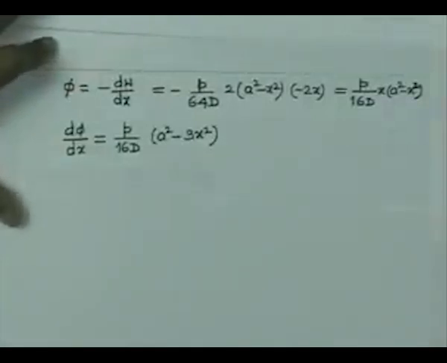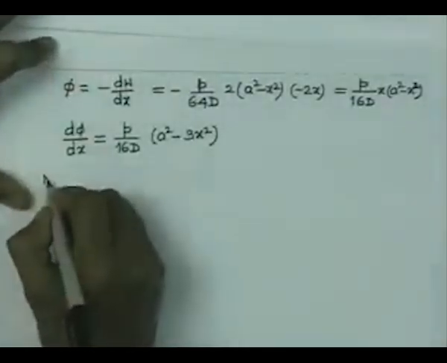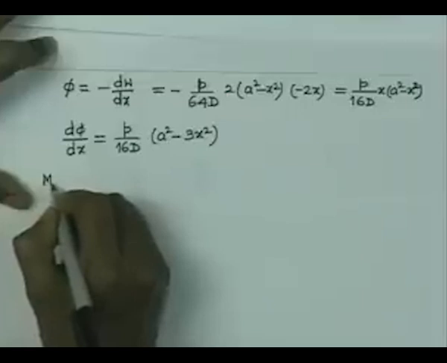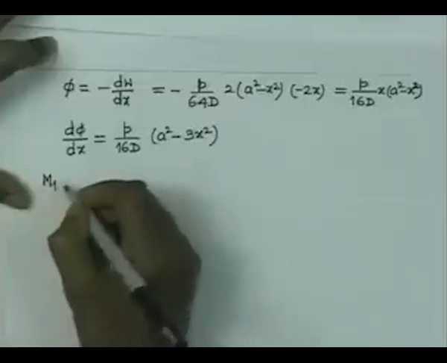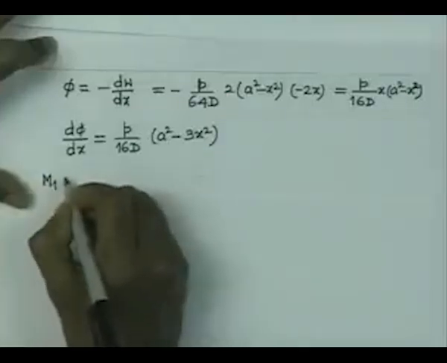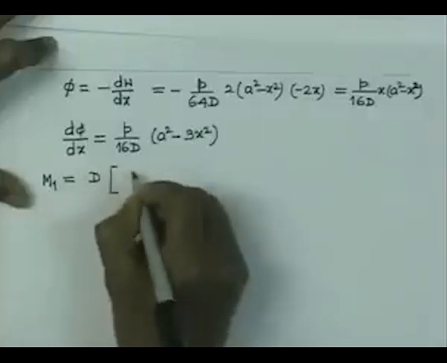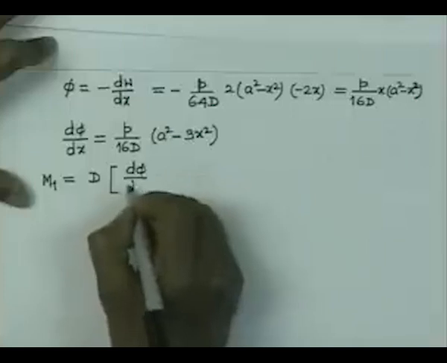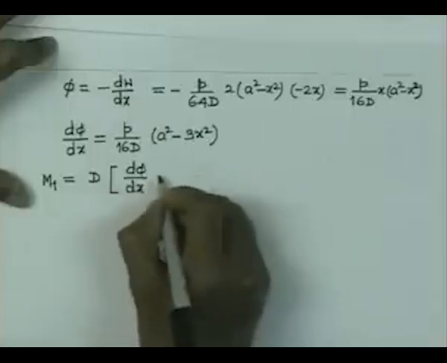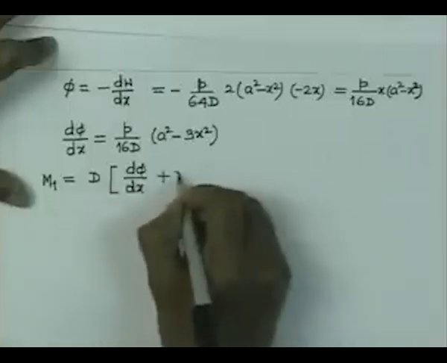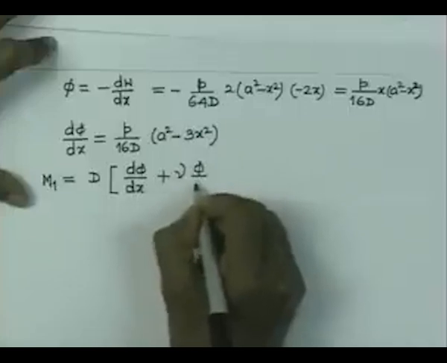We have the bending moment M1, which is in the xz plane, equal to D into d phi/dx plus nu phi by x.